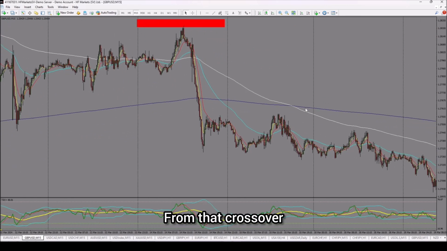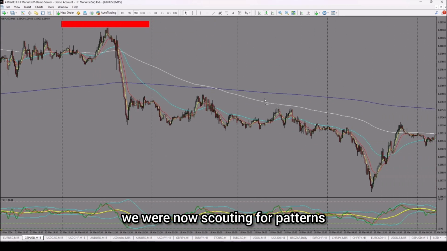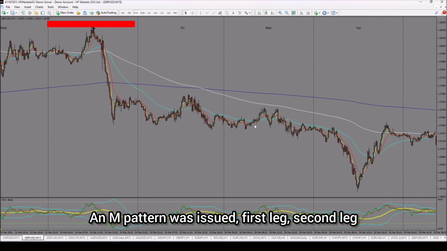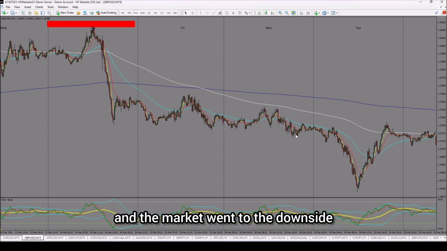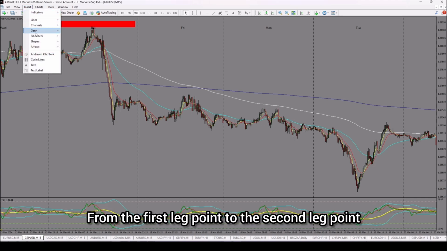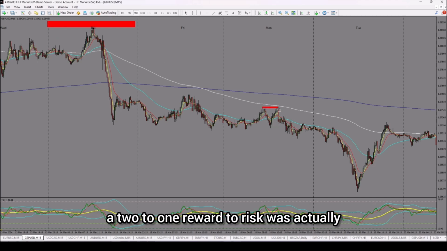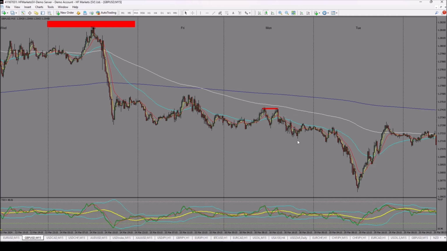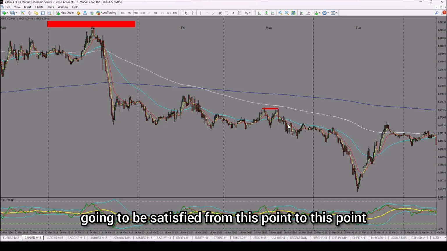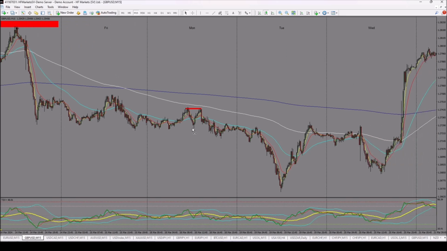From that crossover, we were now scouting for patterns. An M pattern was issued, first leg, second leg, and the market went to the downside. From the first leg point to the second leg point, a 2-to-1 reward to risk was going to be satisfied from this point to this point.